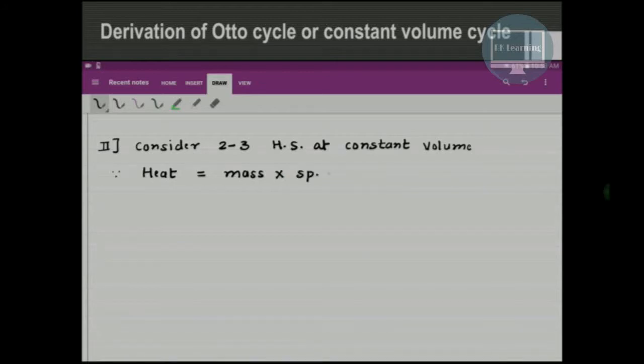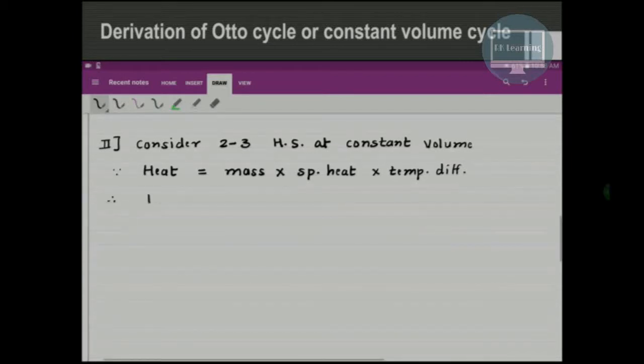So we know that heat is equal to mass into specific heat into temperature difference. So therefore, in general, we can say that heat supplied is equal to, now in place of mass, we'll substitute m, then specific heat at constant volume, because the process is taking place at constant volume.